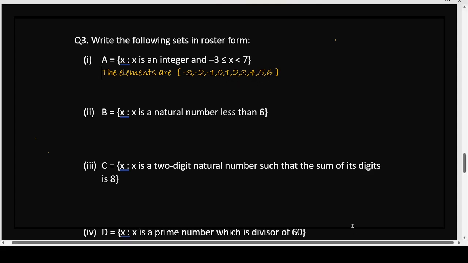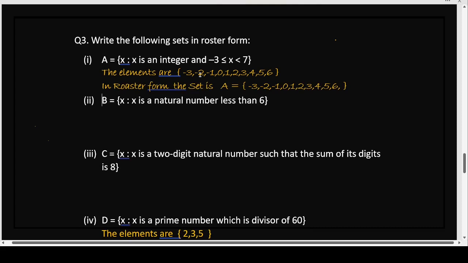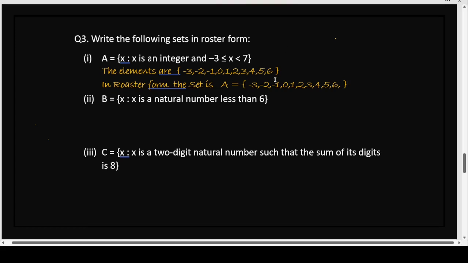In the roster form, the set is A equals curly brackets -3, -2, -1, 0, 1, 2, 3, 4, 5, 6, all these elements within the curly brackets separated by commas.